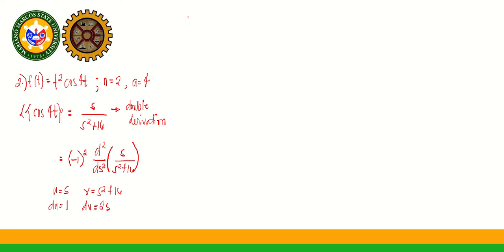So, our new working equation will be the derivative of, i-derive natin to, this will be equal to v, that is s squared plus 16 times du, which is 1, minus u times dv, which is 2s, over s squared plus 16 quantity squared.